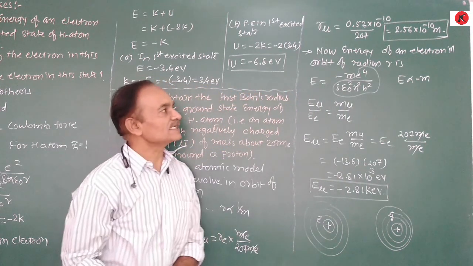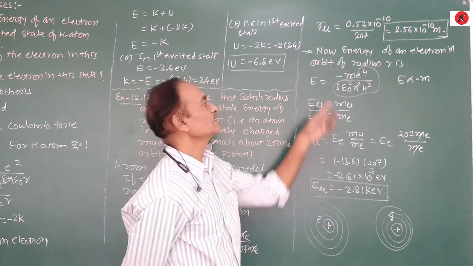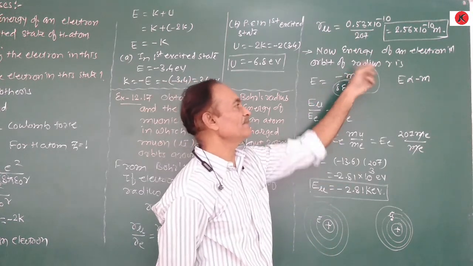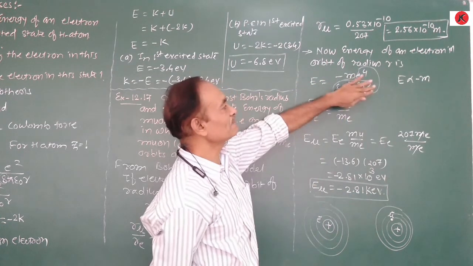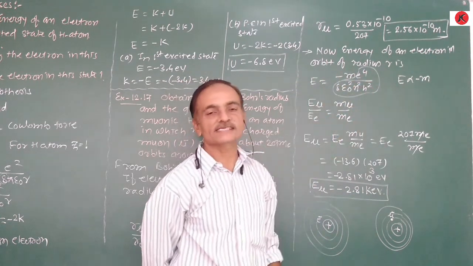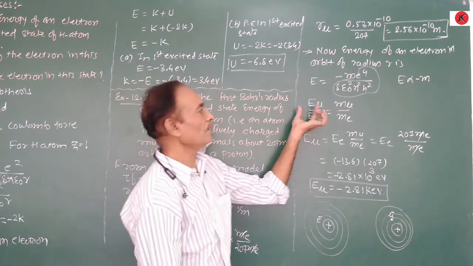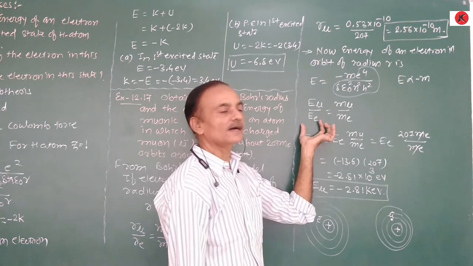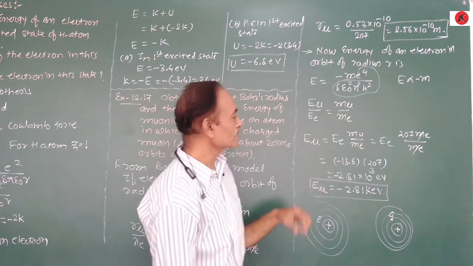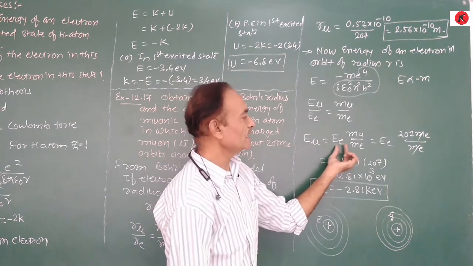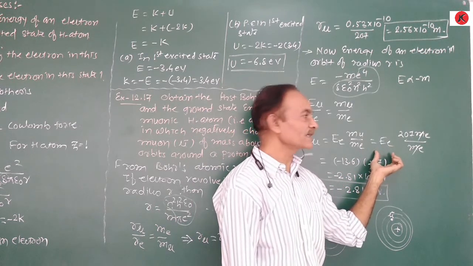Now, the energy of an electron in orbit of radius r is E equal to minus m e to the power 4 upon 8 epsilon 0 square n square h square. This part is constant, therefore energy is directly proportional to minus m. Therefore the ratio of the energy of the muonic atom to our original hydrogen atom is equal to Mu upon Me. E mu is equal to E into Mu upon Me, where E is the energy of the hydrogen atom in the ground state.